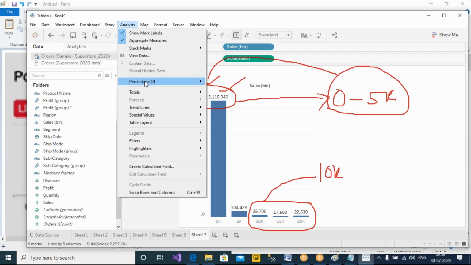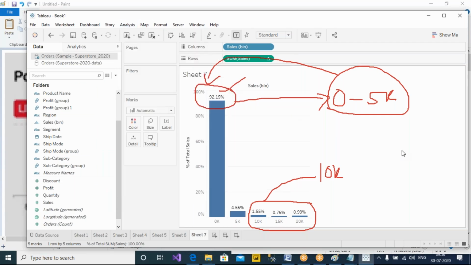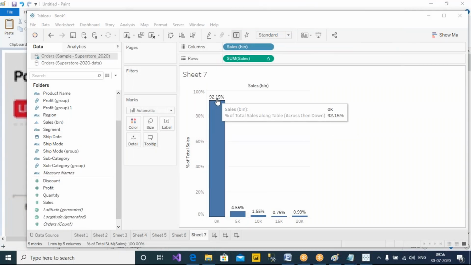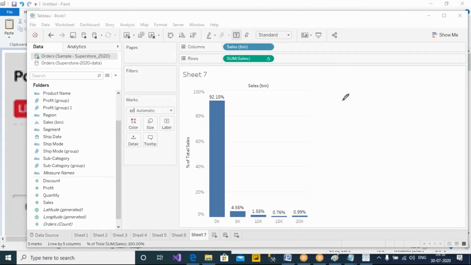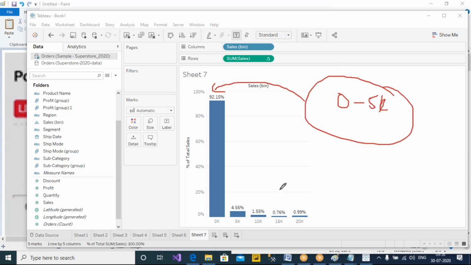And can you show that in percentages here? Percentage of table. So you are getting 92% of the sales by selling the products between 0 to 5,000. You are getting 92% of your sales. That is the analysis which you can do. So you can consider even this one as well, till 10,000.